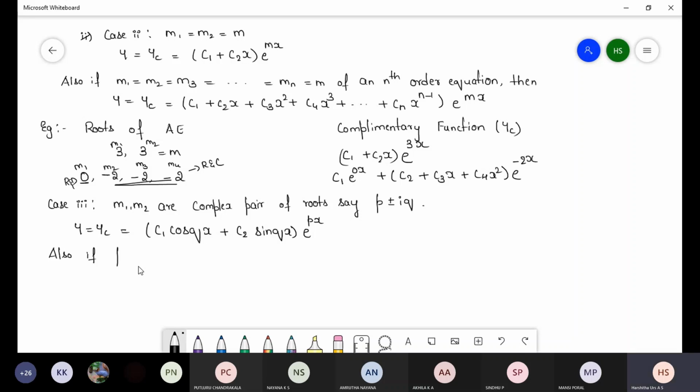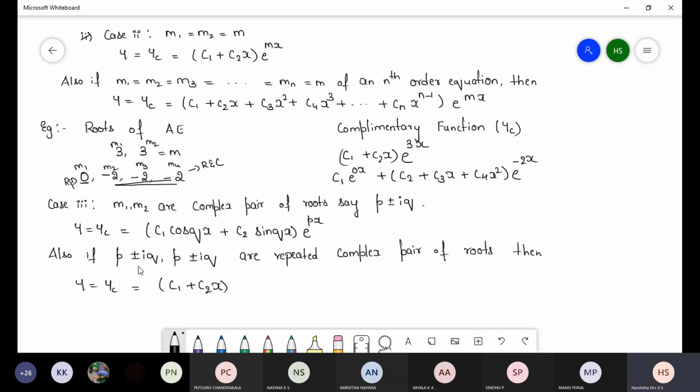Also, if we get the repeated roots, which means p plus or minus iq is a repeated complex pair of roots, then how do we have to write? Repeated means you have to use the condition of case 2. So y is equal to yc. First I will write for the repeated roots. First I will write C1 plus C2 x.